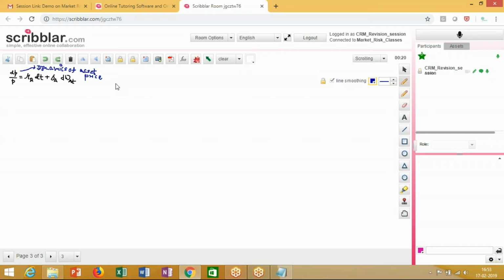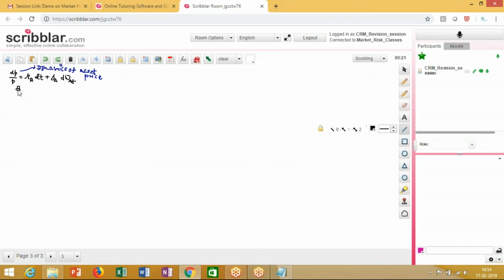So over here what we are going to see is the dynamics of the asset price that we have over here, right? Now let's think about the movement of the asset prices or the return paths. So let's have a look at the graph.